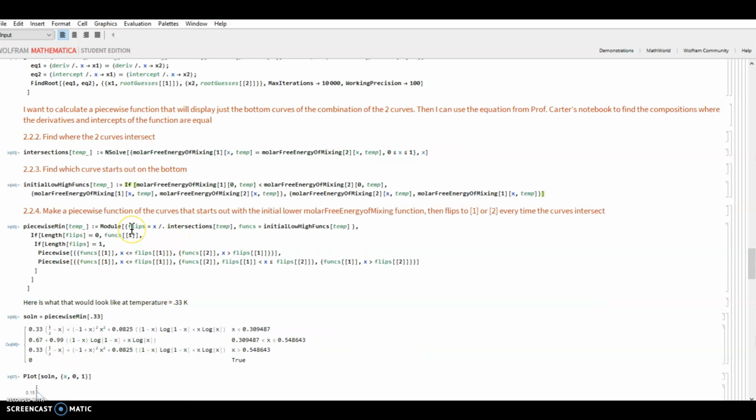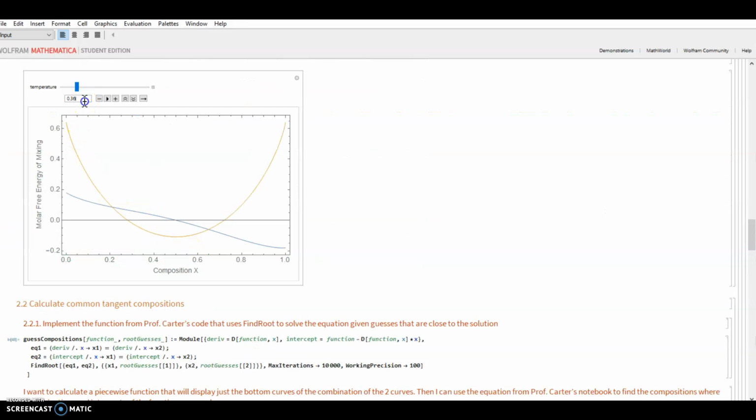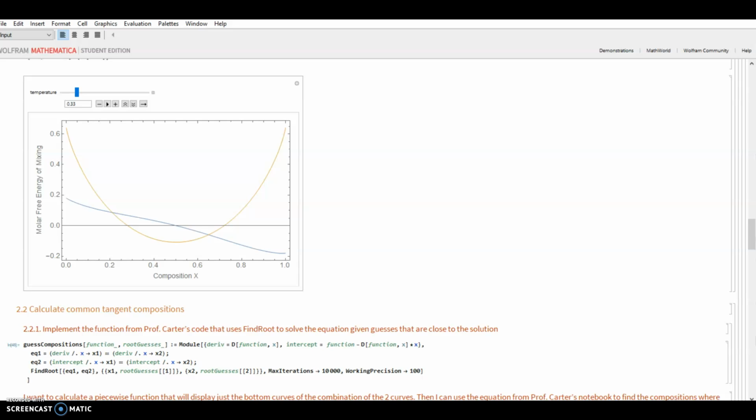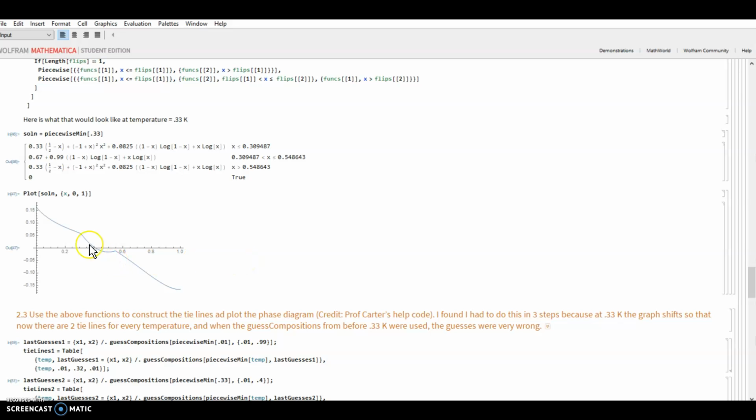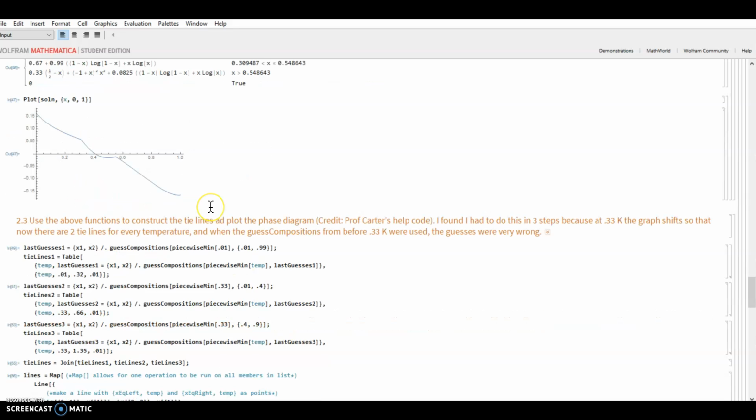And then I just created a piecewise function by flipping which solution model to use every time the solution models intersected. So starting out at 0.33 degrees Kelvin, we would expect this piecewise min function to give back a curve that looks like the blue curve, then the orange curve, and then the blue curve. And that's what we get. So we know that this function is working.